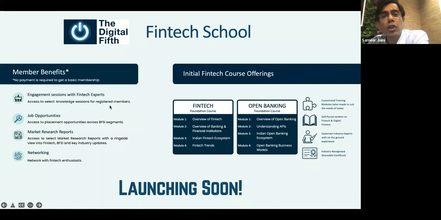And then we are launching our own fintech school, which will be fully digital. While the executive program is all about talking to you and meeting you one-on-one, with a lot of external speakers, this one is more about you getting access to the modules and documentation you can go through. You will also get access to fintech experts coming to you for one-on-one sessions.